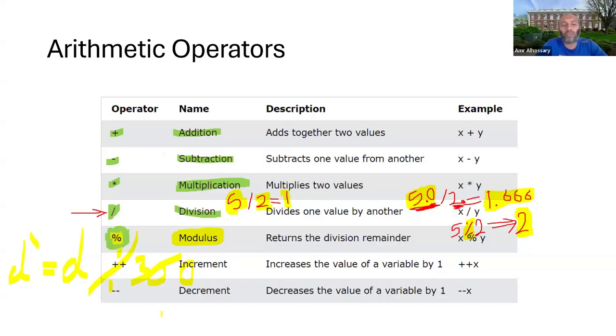The next two are the increment and decrement operators. We will talk about them later. But simply they mean increment the value of a variable by 1 or decrement it by 1. So a variable that contains the value 60 will be 61 if we call the plus plus operator, or 59 if we call the minus minus operator.